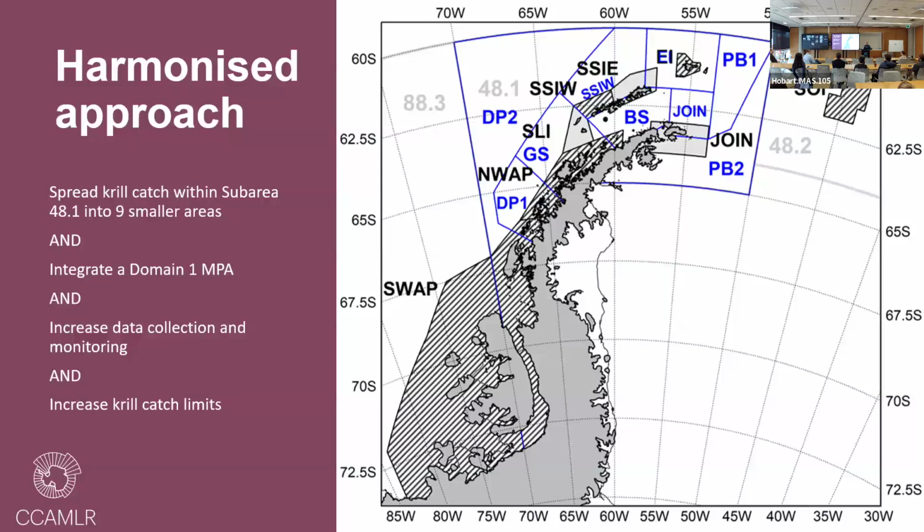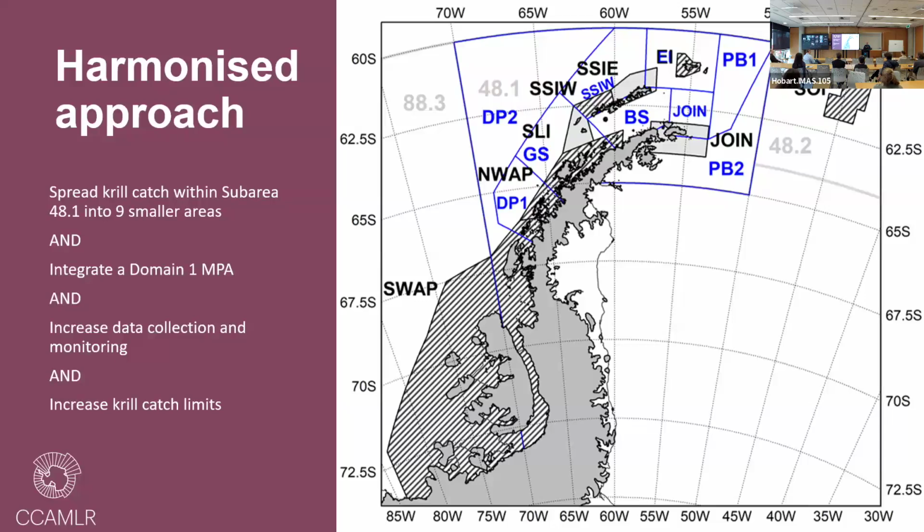A few years ago, actually 3 years ago, the scientific committee and the commission linked those two things together. So they said, look, there's good information out there that says you could increase the catch limit in 48.1, but no one's going to agree to an increased catch limit in 48.1 until you have better monitoring, collect better data, and have a marine protected area in that zone to protect the predators, even outside the closed areas.